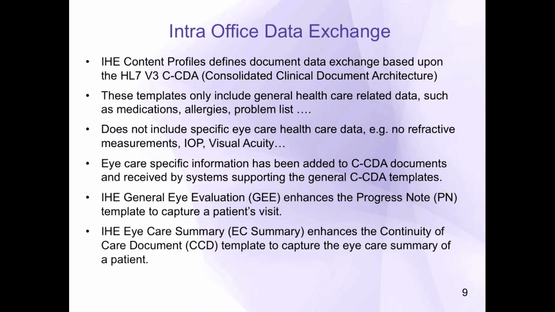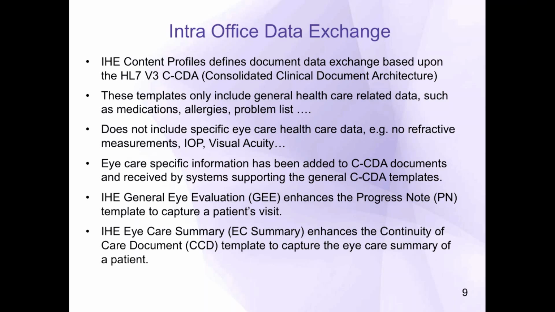So in IHE we've added this data to those specifications. You can utilize the work you've done in the past to conform to government regulations you may have supported, but now include extra information relative to eye care.